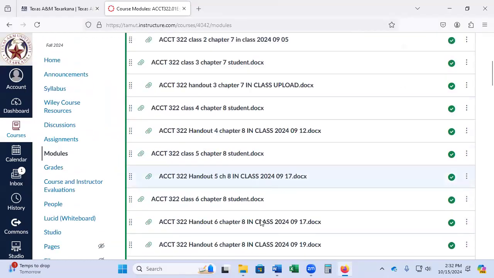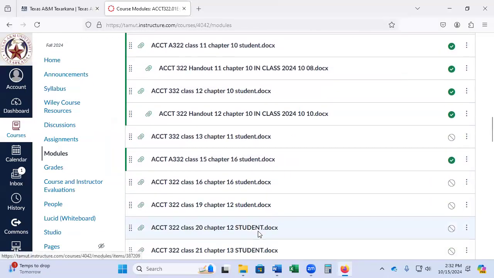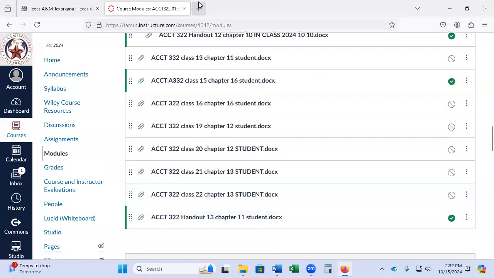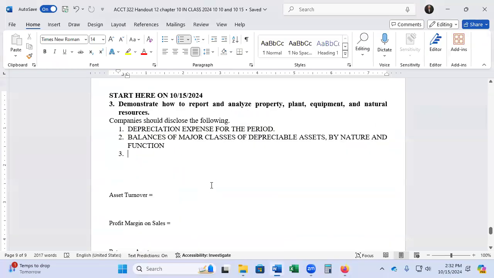Sorry, that's right at the bottom there for you. Now I had to make some changes to it. So if the one you open wouldn't be the same, my apologies.